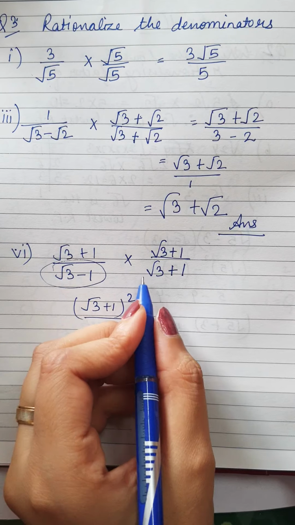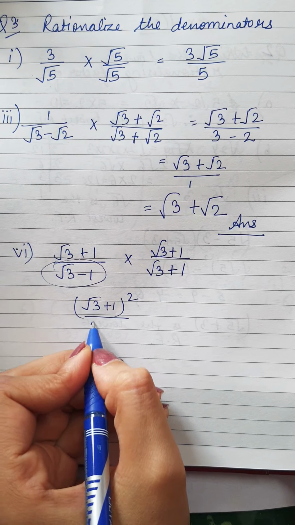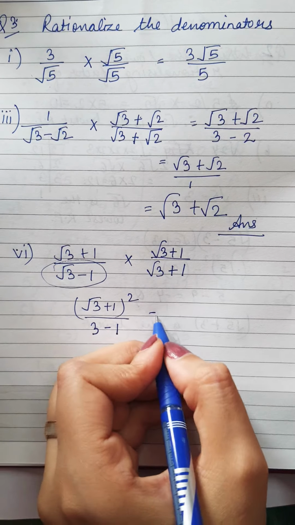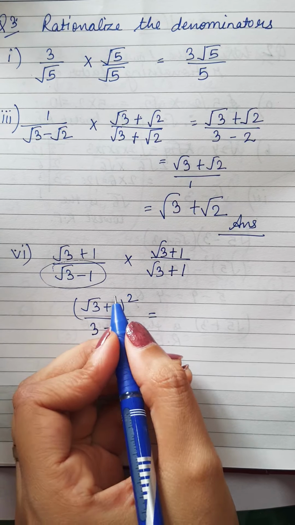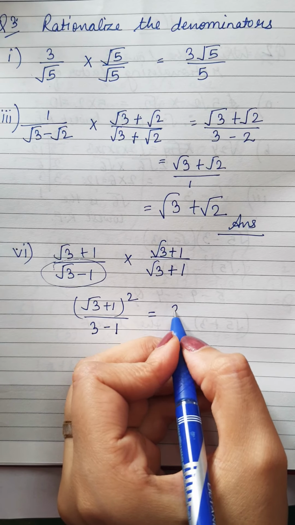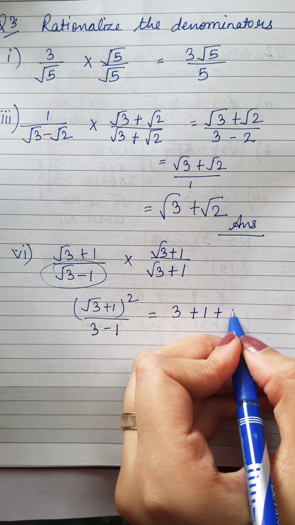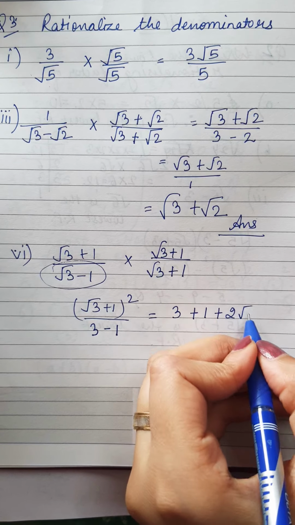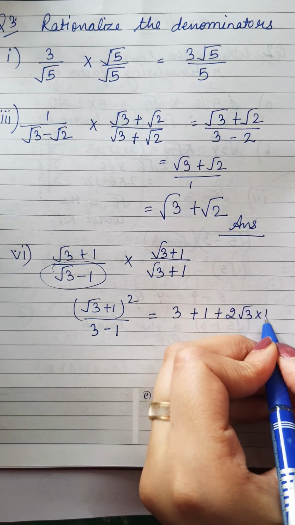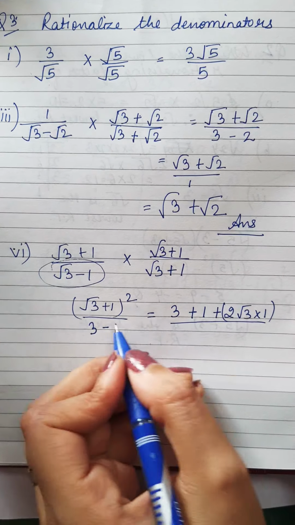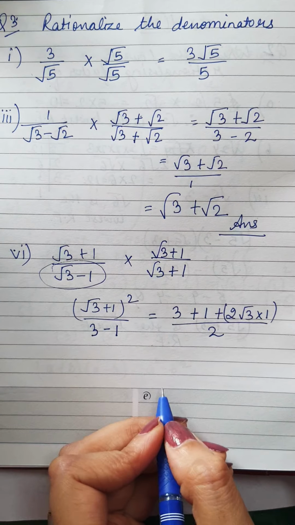And this is a minus b, a plus b, a square minus b square. Here the identity of a plus b whole square is a square plus b square plus 2 into a into b, 2ab. 3 minus 1 is 2.